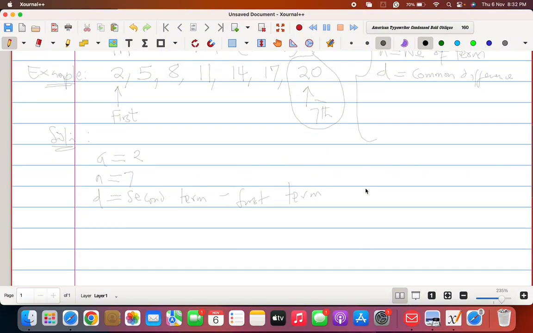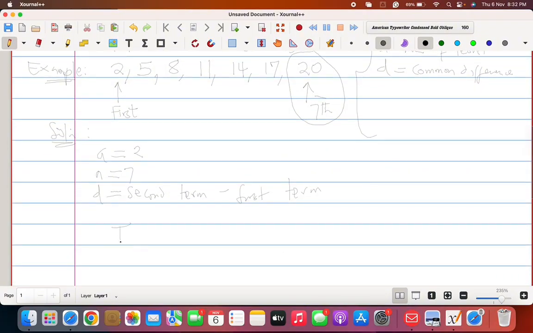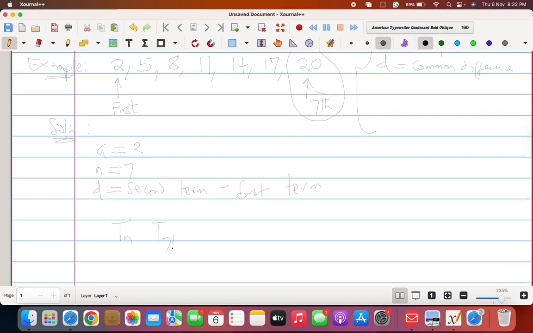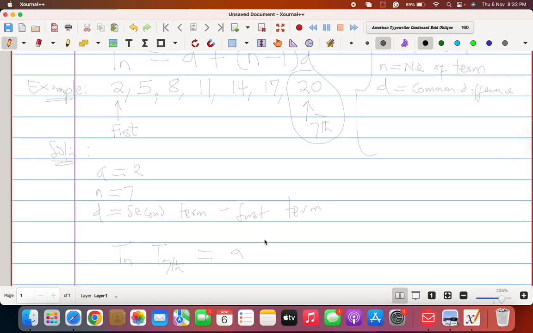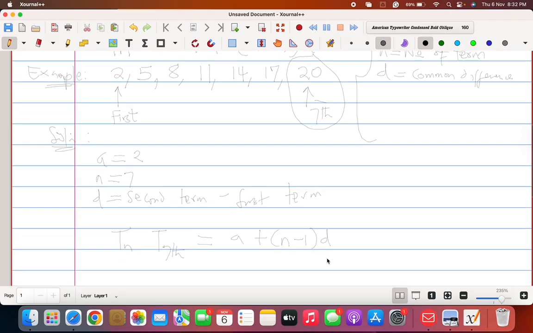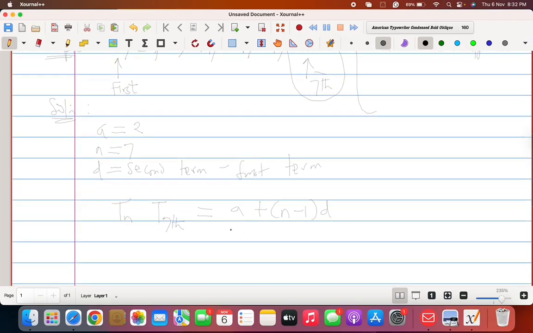So having done that, I'll say Tn. Now this time we want to solve for the seventh term. So this becomes A plus (n minus 1)d. What is my A in this case? A is 2, plus n minus 1. My n is the term which I'm looking out for, which is 7, minus 1.